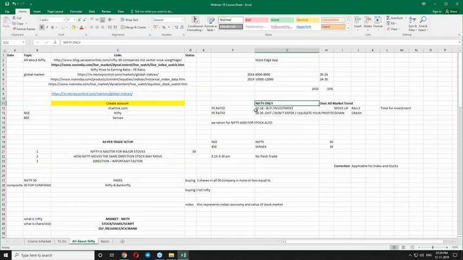Next, PE ratio. If the PE ratio is in between 22 to 24, that is based on the current and the last 2 years' market trend.